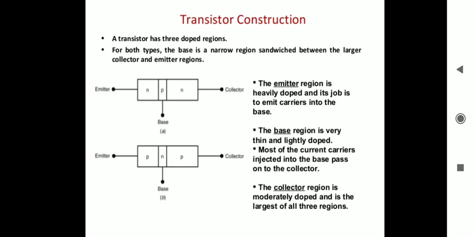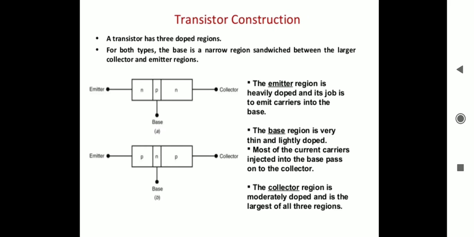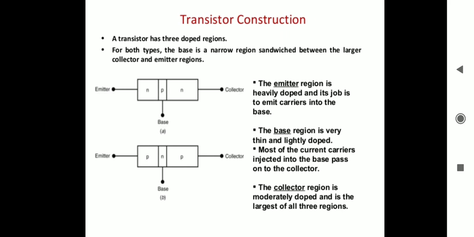Number of PN junctions and equivalent circuits. A transistor has two PN junctions, namely the base to emitter, meaning the B to E junction, and the collector to base, meaning the C to B junction. A PN junction is represented by a diode. Therefore, the PNP and NPN transistors are equivalent to two diodes connected back to back.